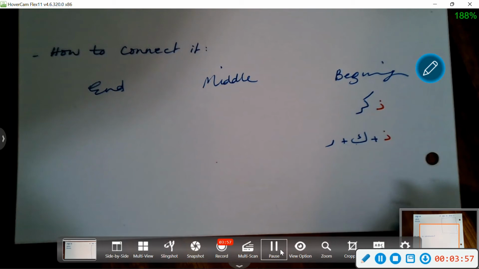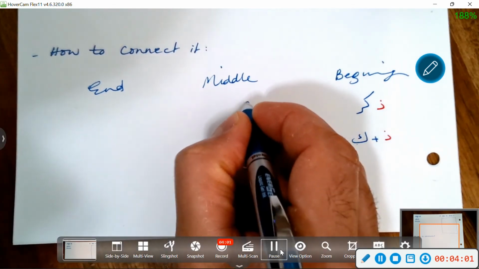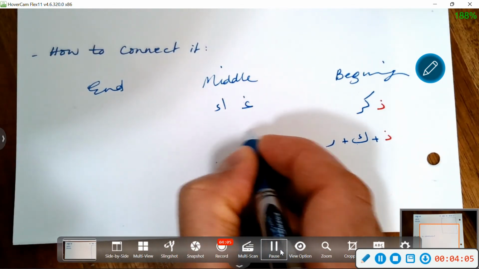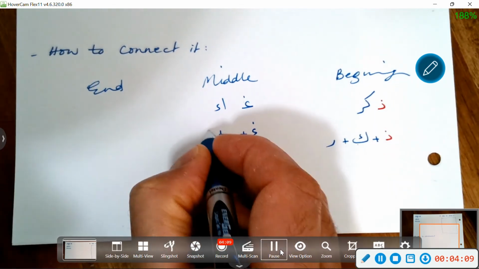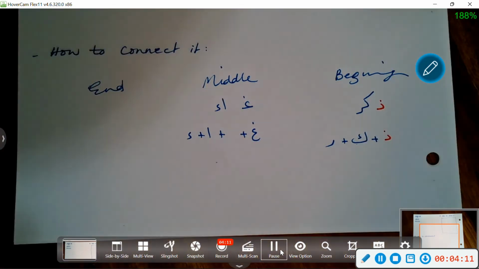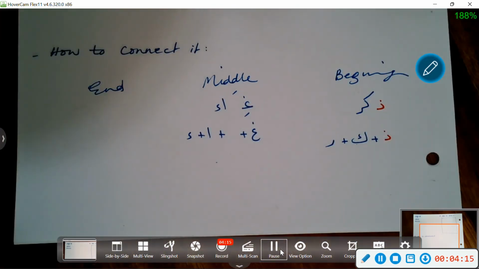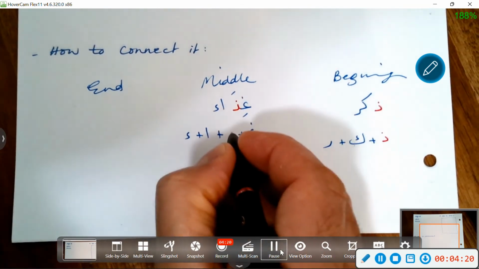Another word is غذاء. غين plus daal plus alif plus hamza. This is the daal.